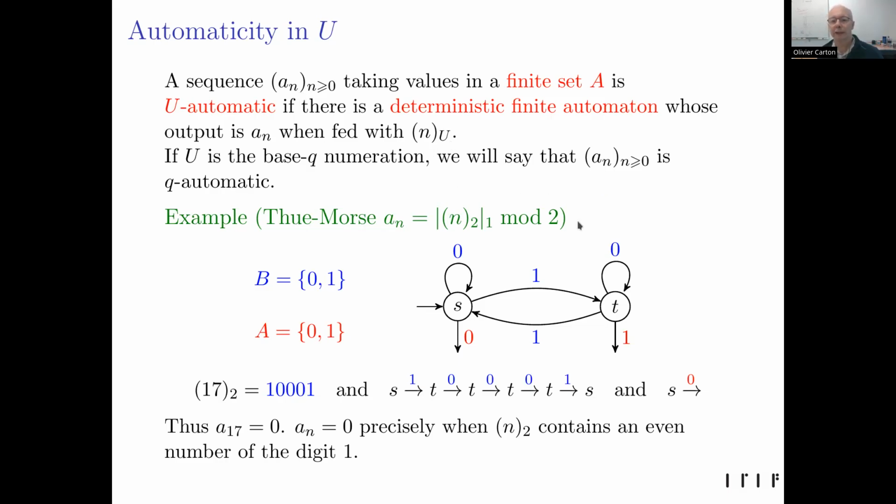The output is attached to states. For instance, the most classical example is the Thue-Morse sequence, where a_n is the number of ones in the binary expansion of n modulo 2. This little two-state automaton computes this. The input alphabet is always in blue.